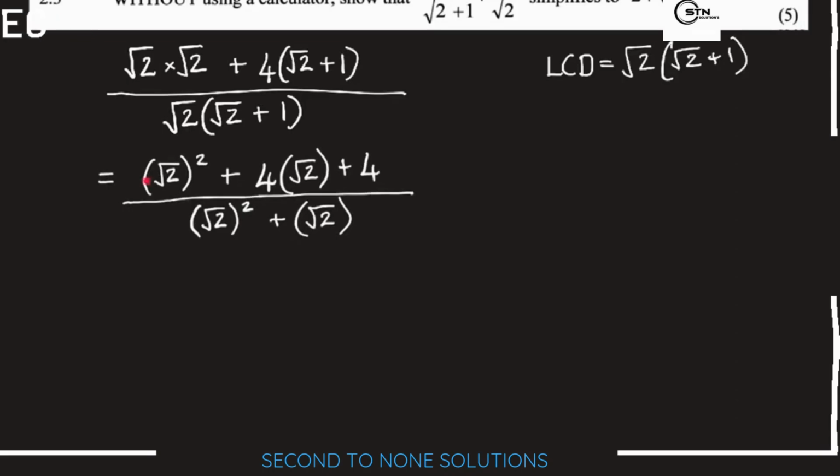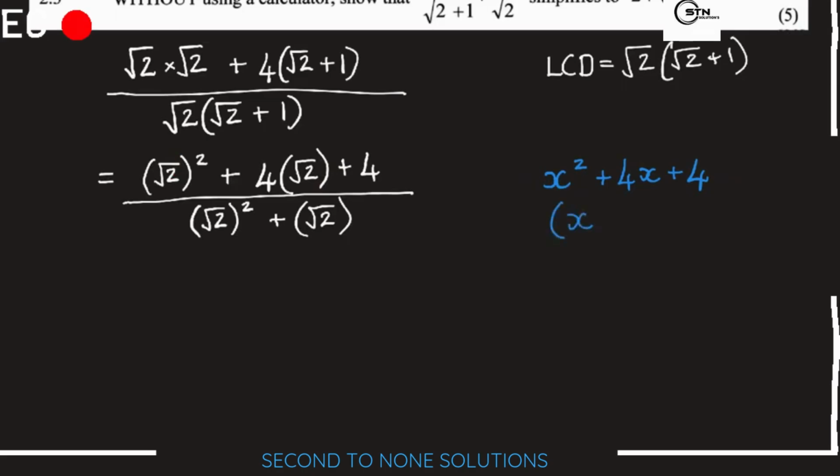Okay, if I look at the numerator, I can see that I have got, let's do it in color to the side, a trinomial that I can factorize. And that is actually why I have chosen to leave all of them as square root 2 for now, because it's easier for me to see the trinomial that way.